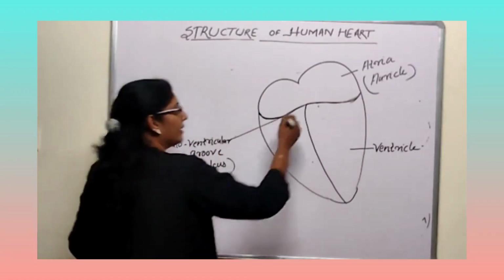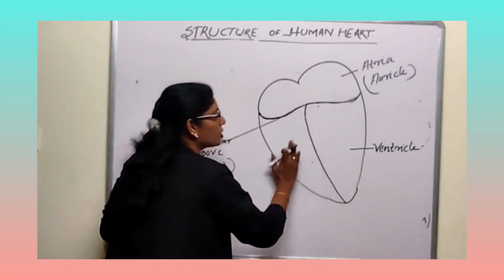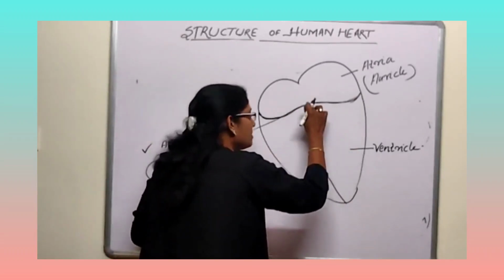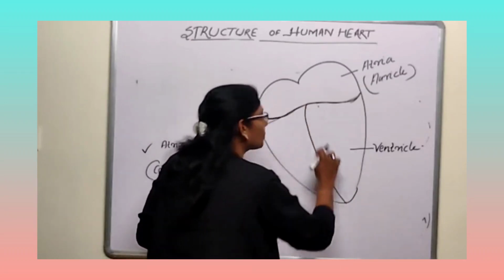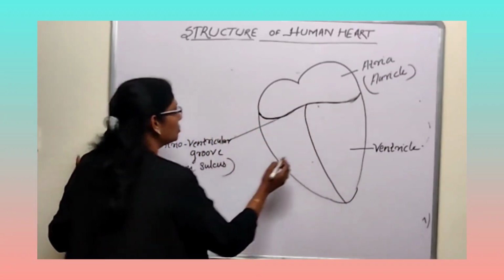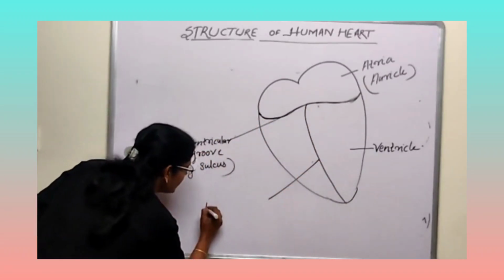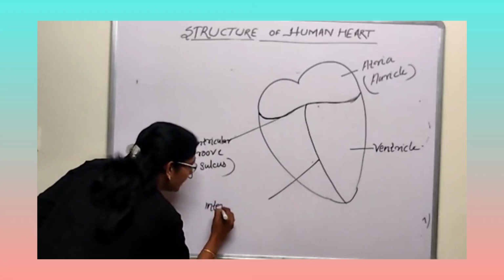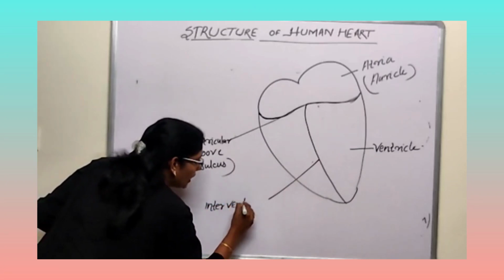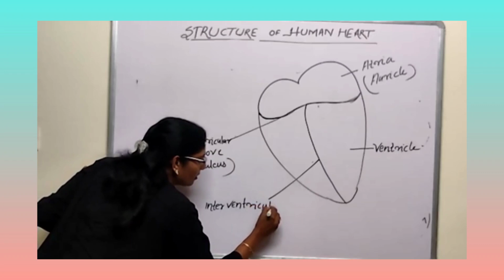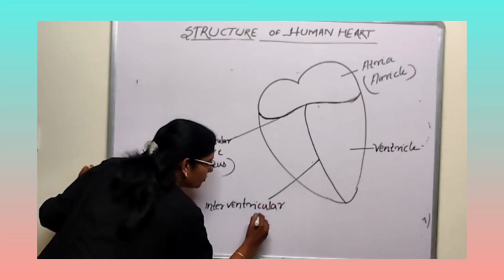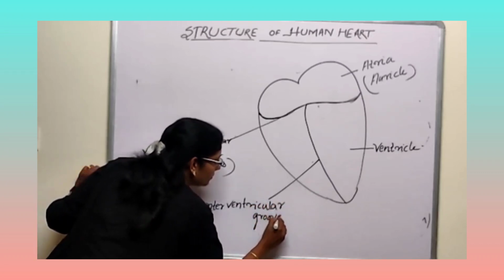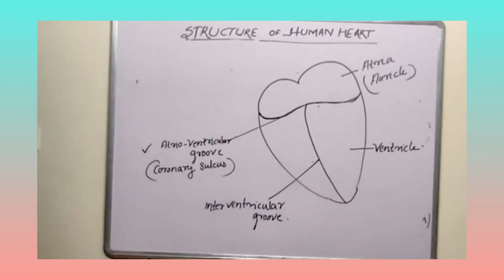Like that, in between the ventricles also, these 2 are the ventricles, one groove is there. That groove is called the interventricular groove. Understood?